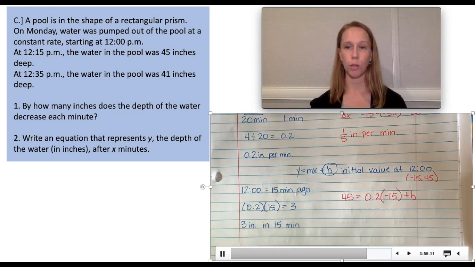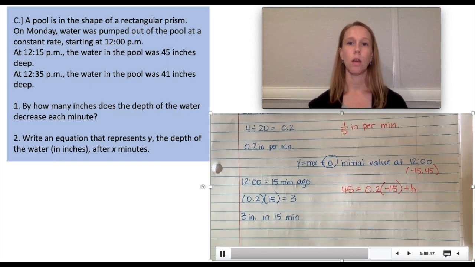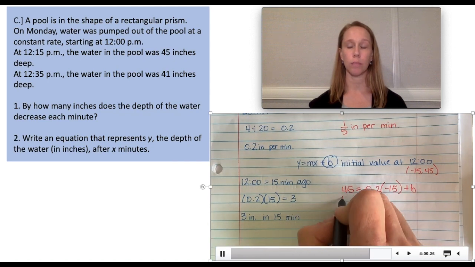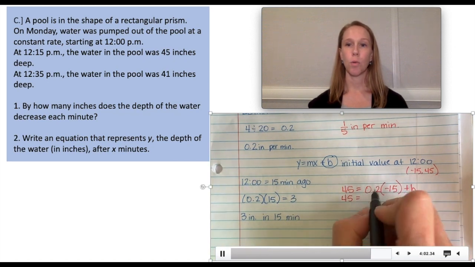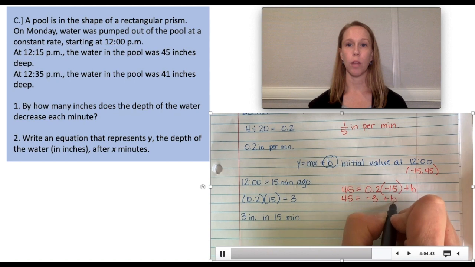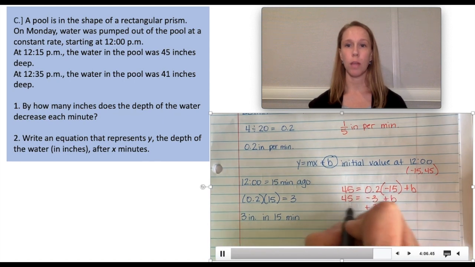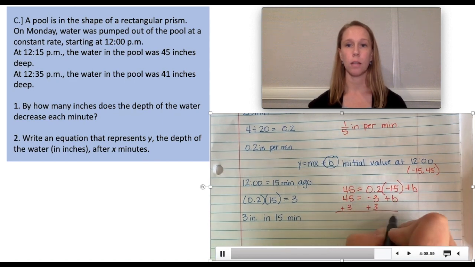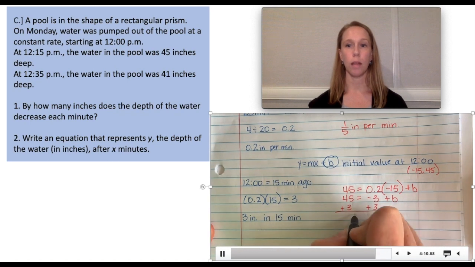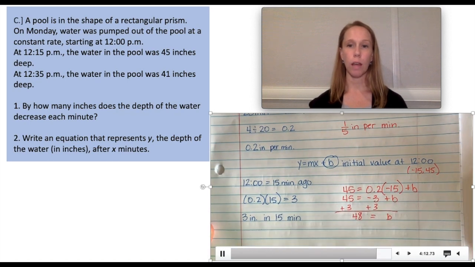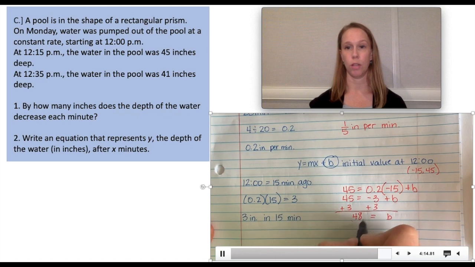You could use the other two, and that would give you the same answer. And now I can just solve this equation. 45 equals negative 3 plus b. To isolate b, I'm going to add 3 to both sides, and b equals 48. That means that my starting value was 48 inches.